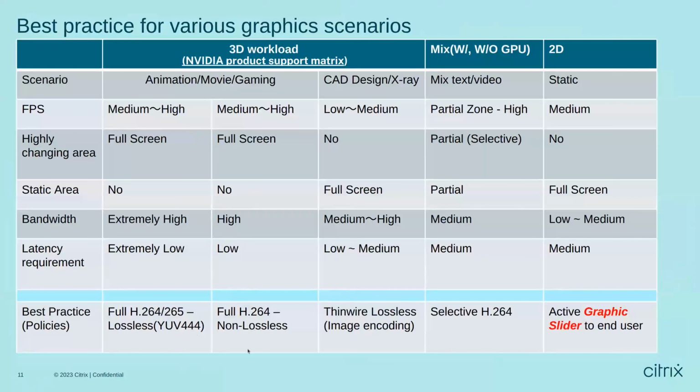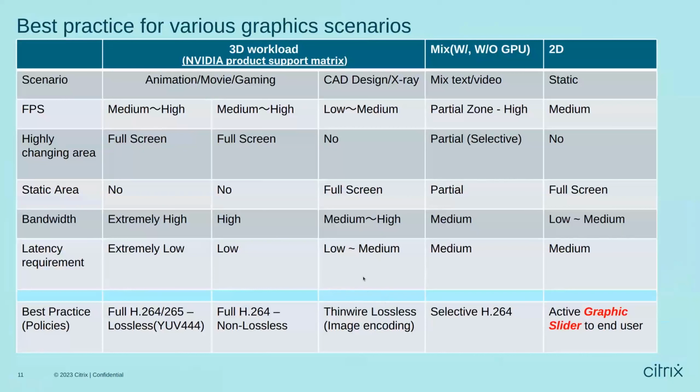And then for CAD and CAE design, because you need very precise lines and precise display, you don't really need high FPS to refresh your screen. So we just need to use the simple lossless, which is based on image encoding, and then it gets a very clear and precise screen.